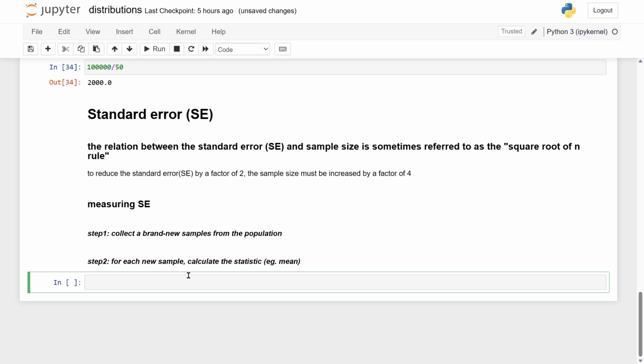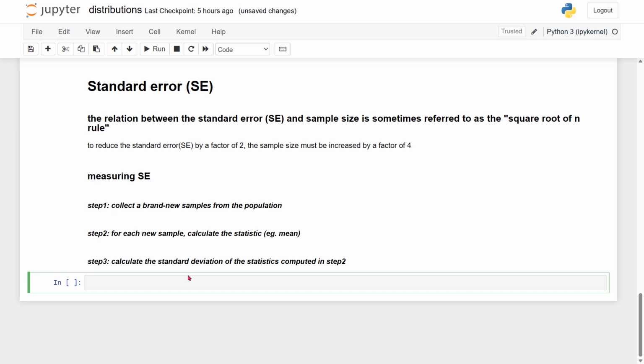Step 3: calculate the standard deviation of the statistics computed in step 2.